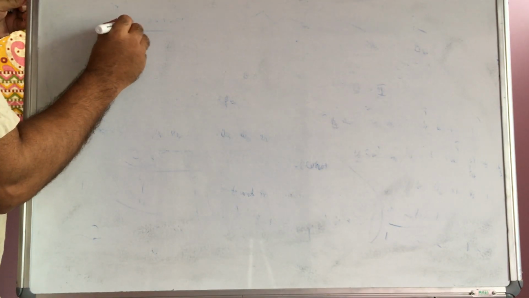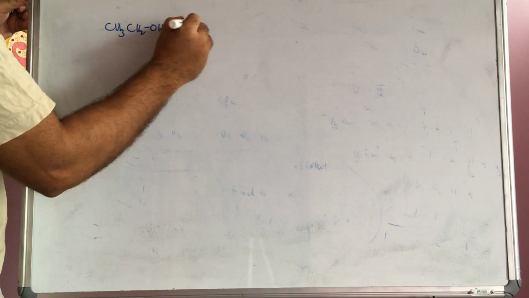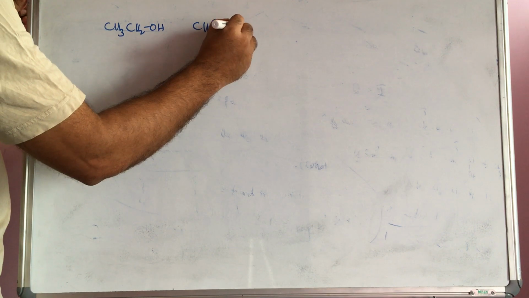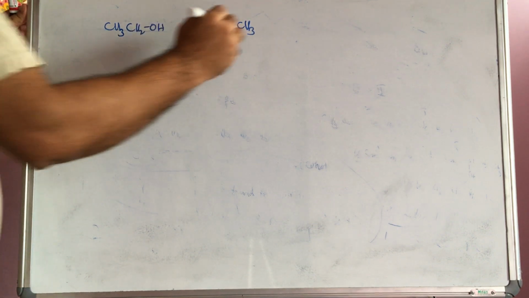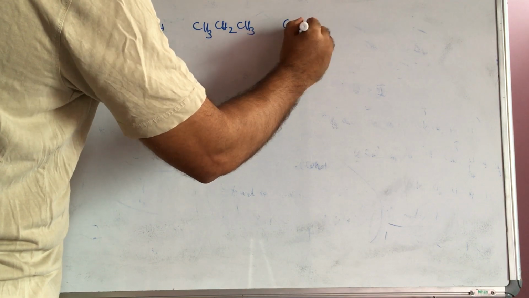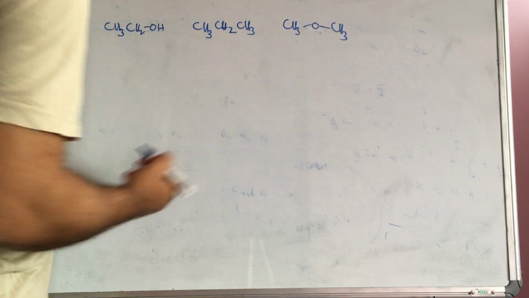If you consider the boiling points of these compounds, this is ethyl alcohol, CH3CH2OH. Another one is CH3CH2CH3, propane. Another one is CH3OCH3.